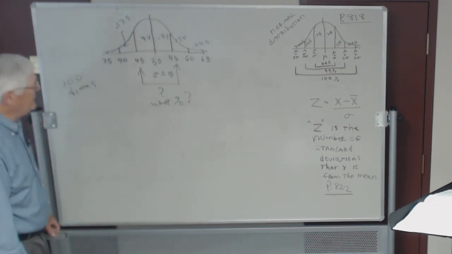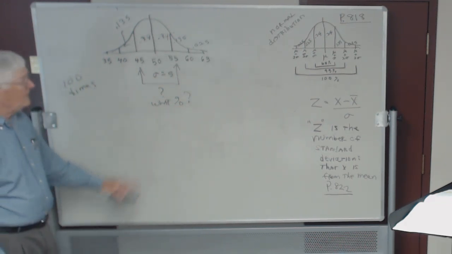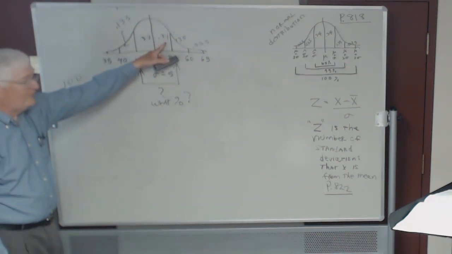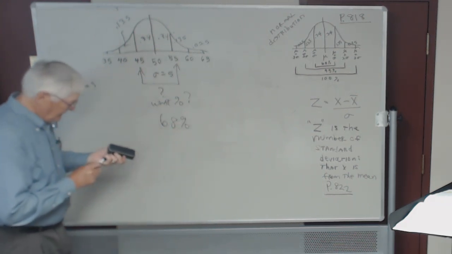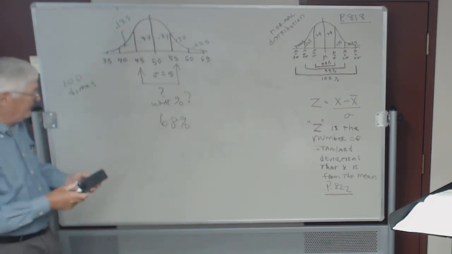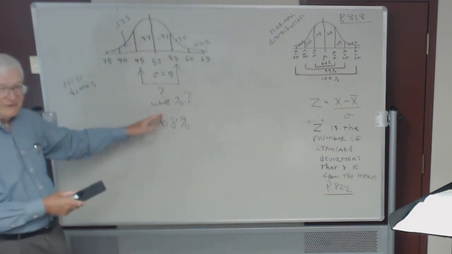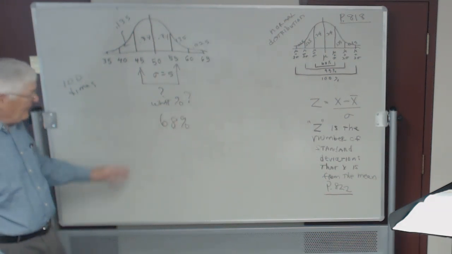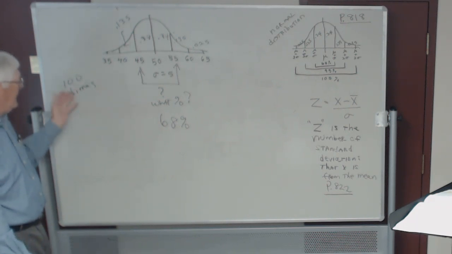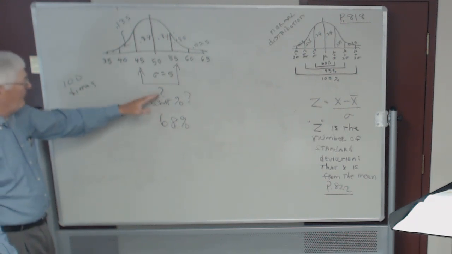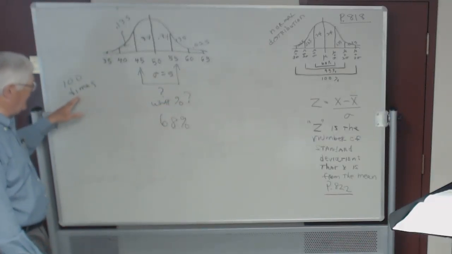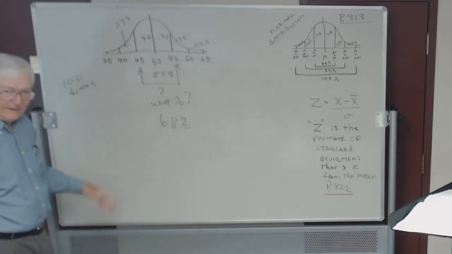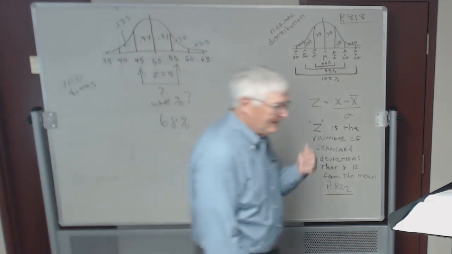And the answer would be, what's 0.34 and 0.34? 0.68. 68% of the time. Yeah, 0.68, but when they say what percent, then I change it to 68%. But if I wanted to know how many dimes would fall between 45 and 55, I would take 68% of 100 and come up with 68.